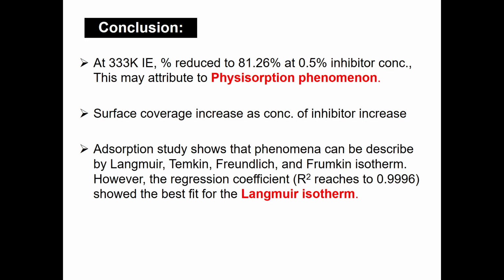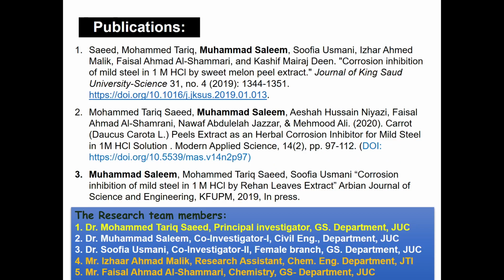However, the best regression coefficient value was obtained in the case of the Langmuir isotherm, and the study shows that sweet melon peel can be utilized to prepare a herbal corrosion inhibitor, which is safe and environmentally friendly to protect the metal, and it gives very good results. And further study can be continued on this to find better efficiency.